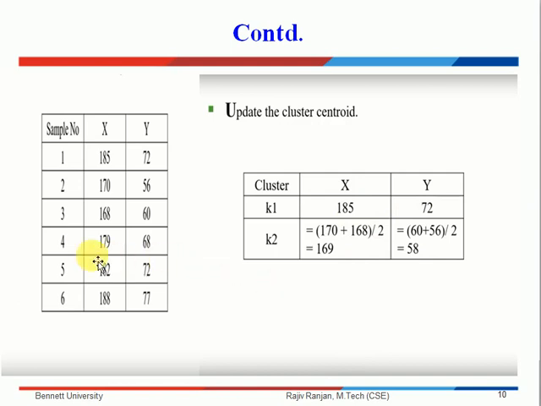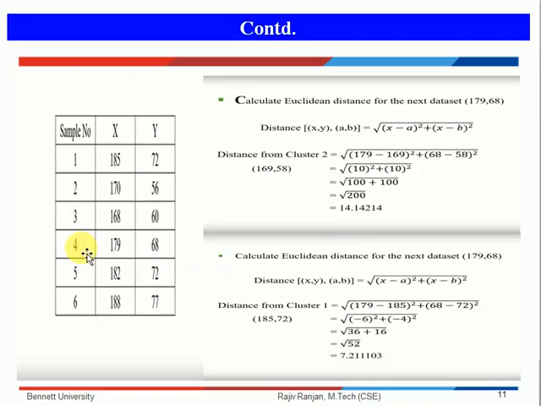Now we have to move on to sample number 4. For sample number 4, we have to calculate the distance to cluster 1 and to cluster 2. Let's first calculate the distance from cluster 2.